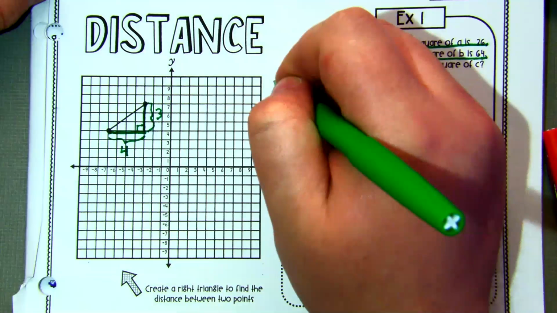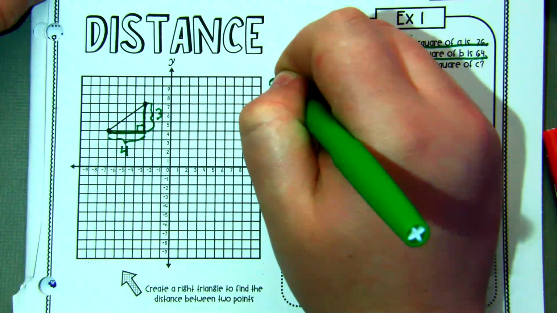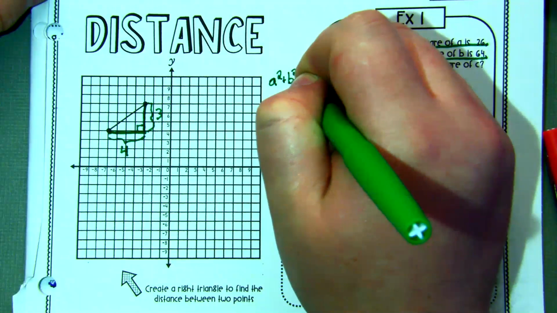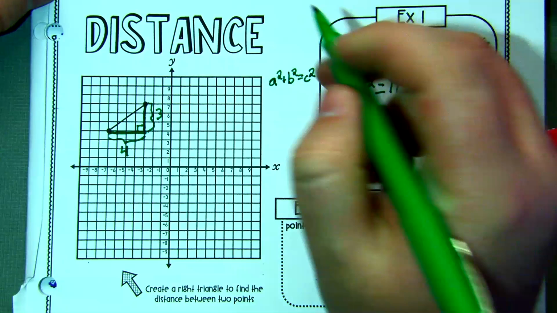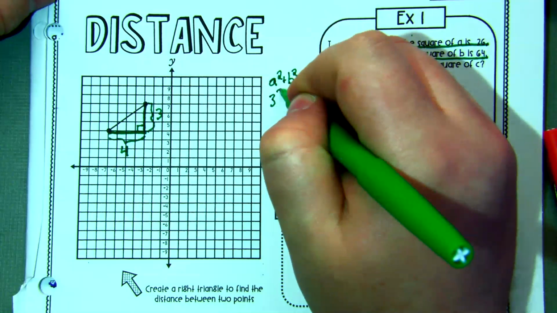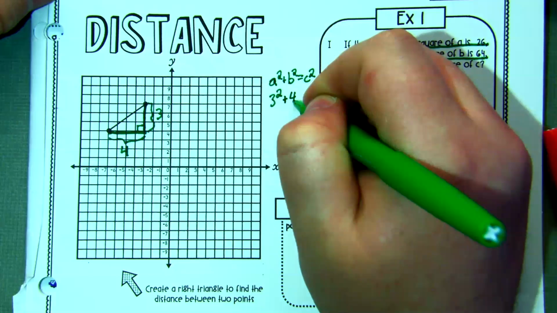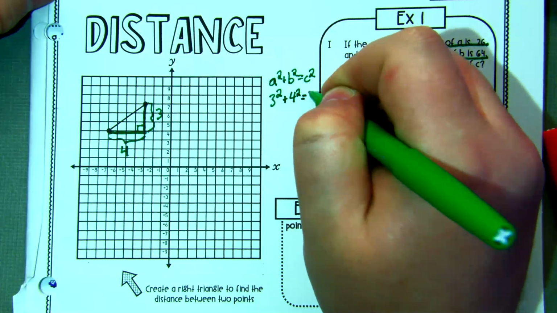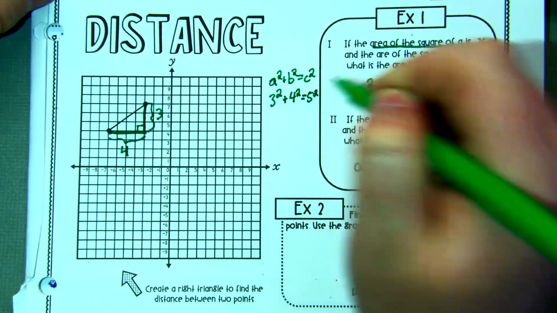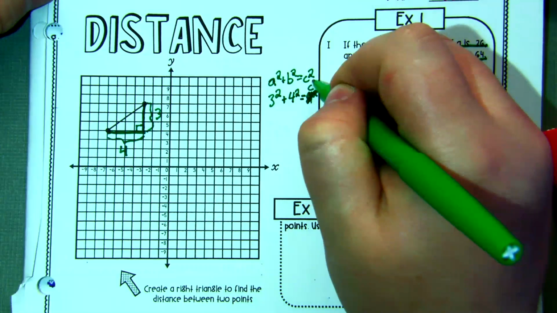Then we take those numbers and we plug them into our Pythagorean theorem. So we can say 3 squared plus 4 squared equals C squared.